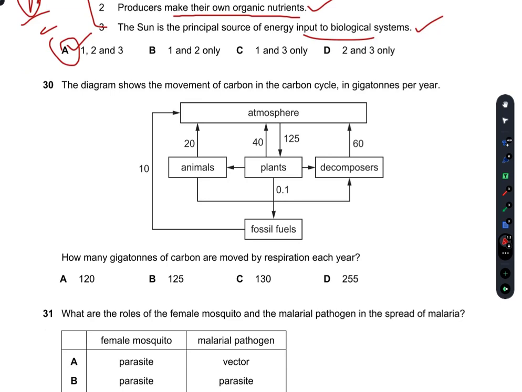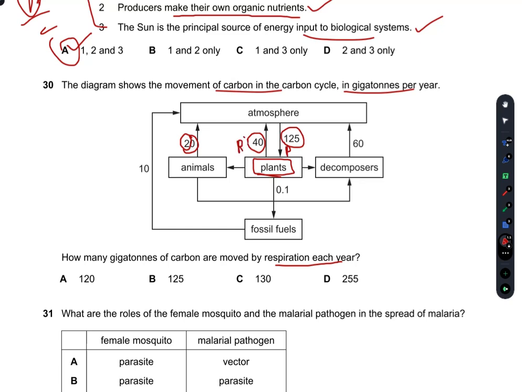The diagram shows the movement of carbon in the carbon cycle in gigatons per year. How many gigatons of carbon are moved by respiration each year? First of all, 20 would be moved by animals because animals respire, and similarly, plants would also move 40. Now, these 125 are absorbed in photosynthesis. This P is photosynthesis, and this R is respiration.